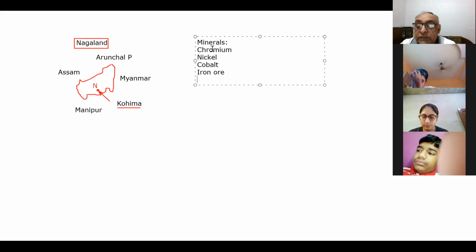And after iron ore, limestone is also found there.